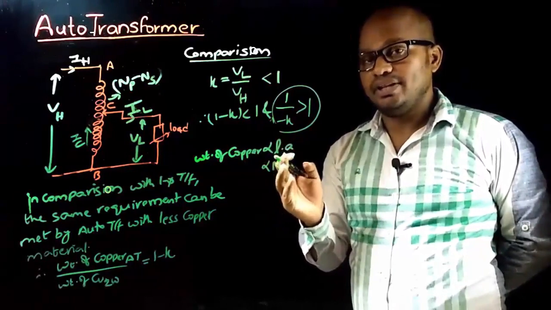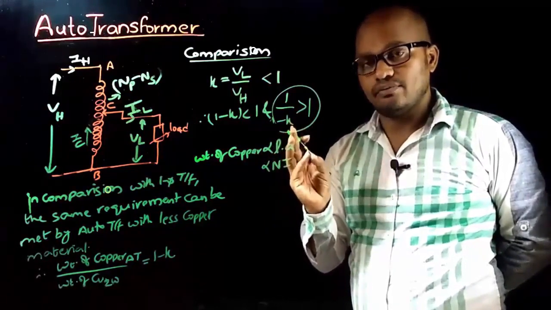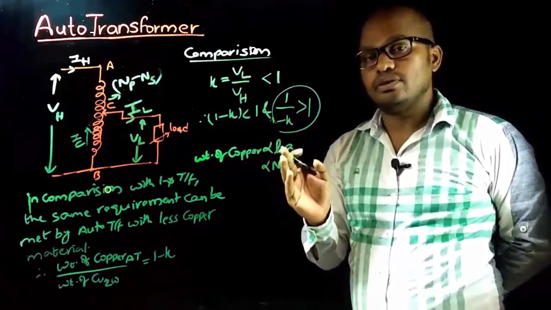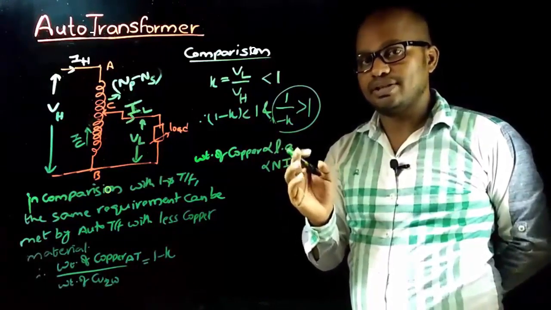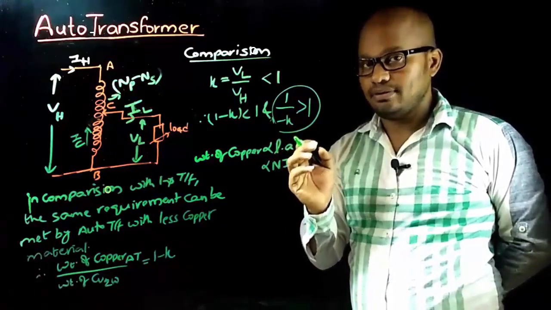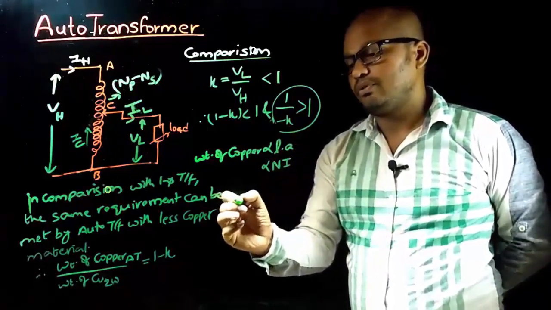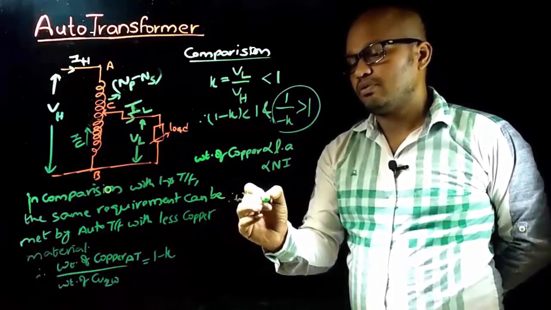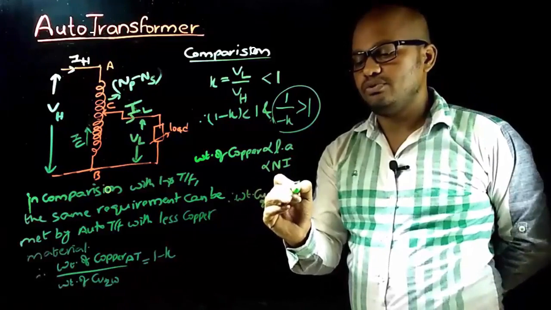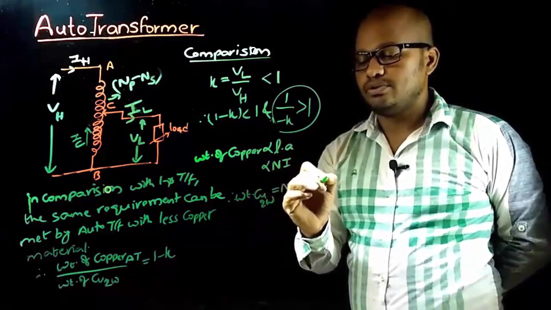In case of two winding transformer, the number of primary turns are N1 and the current flowing through those turns is I1, and the number of turns of secondary winding are N2 and the current flowing through that winding is I2. Therefore, weight of copper of two winding transformer can be taken as equal to N1 into I1 plus N2 into I2.